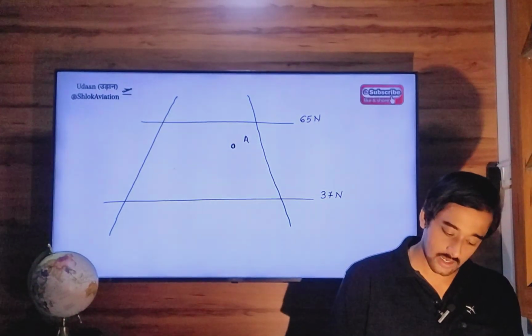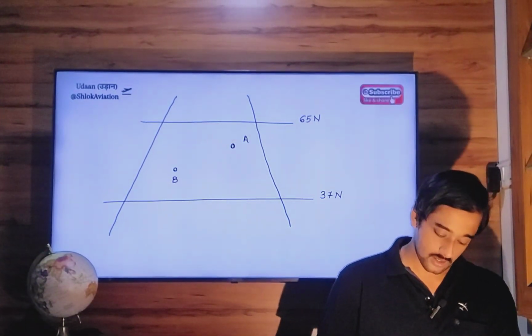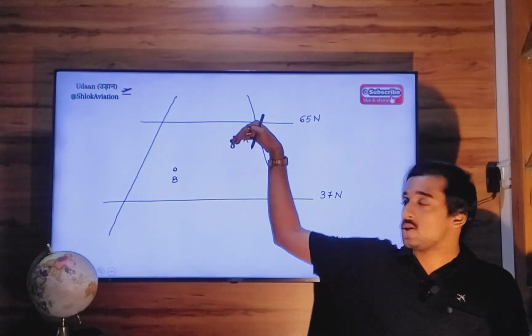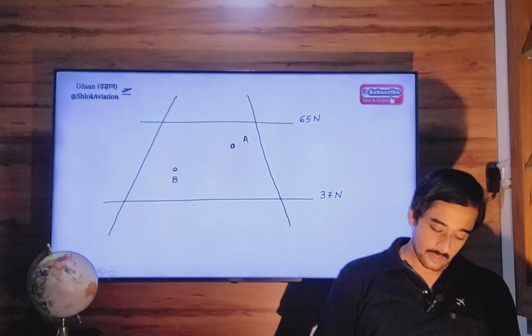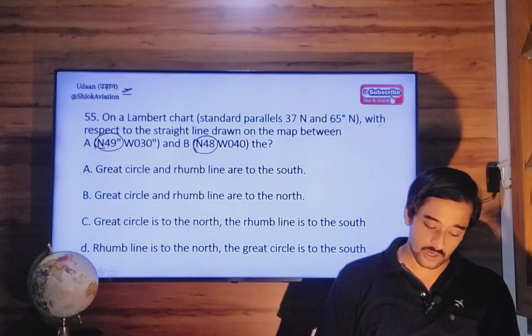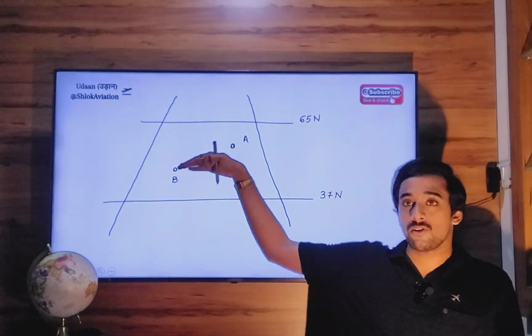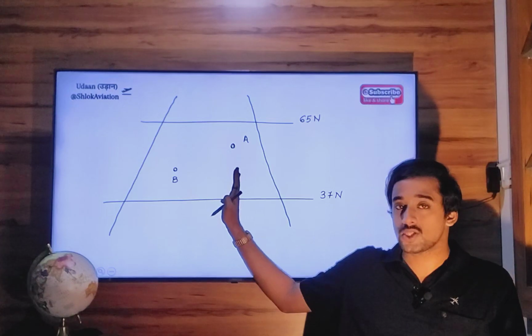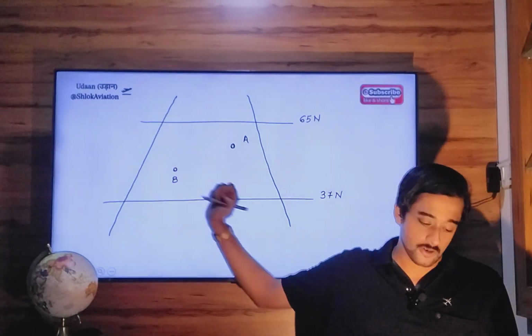Point A is 49 north, 30 west. Point B is 48 north, 40 west. 48 north will be below 49 north, so somewhere here. And 40 west means to the west of 30 west longitude.